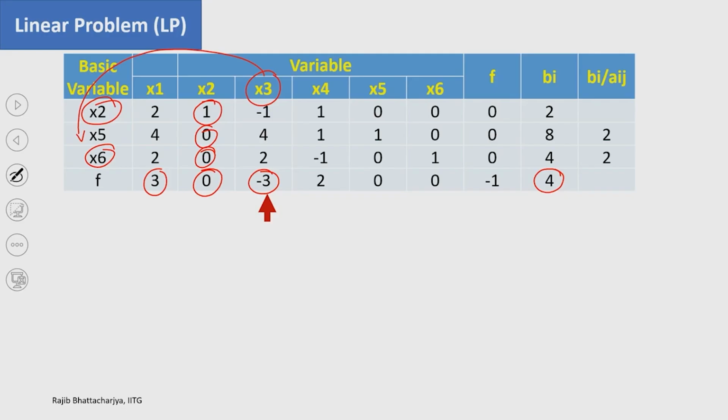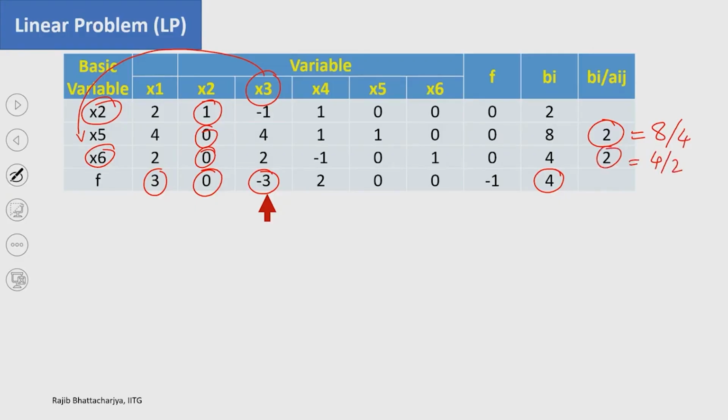Now, whether x3 will replace x2, x5 or x6. So, what we have to do is find out the ratio here. Okay. So, the b by aij ratio. Now x3 is the incoming variable. So, here this is 8 by 4, that means 2, and here it is 4 by 2, so that is 2.